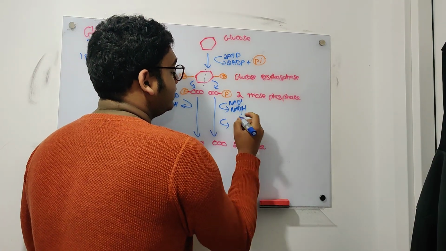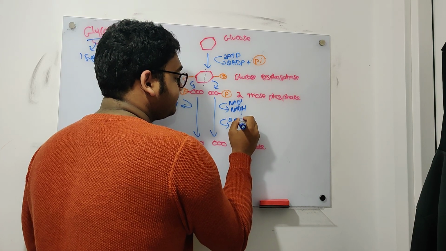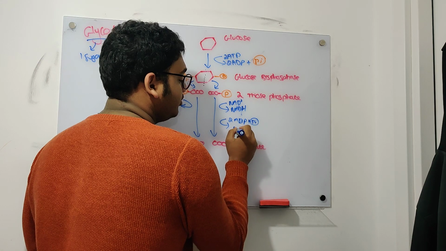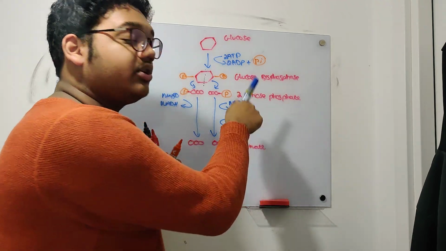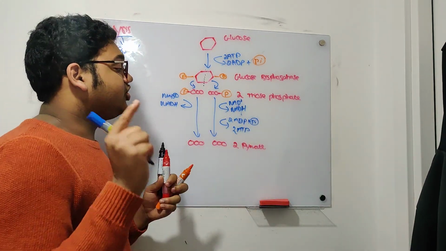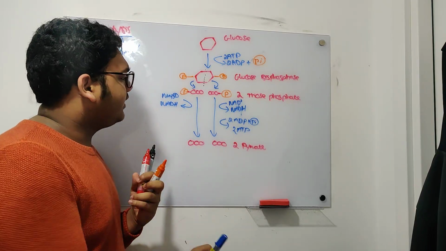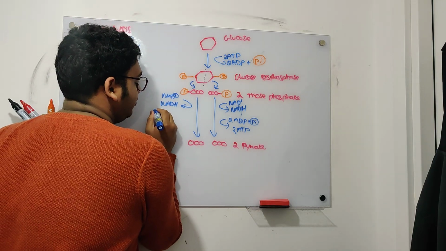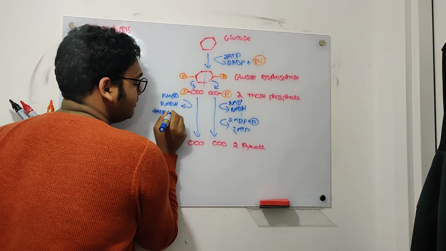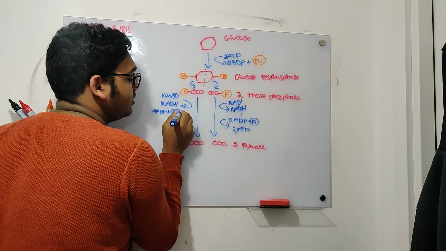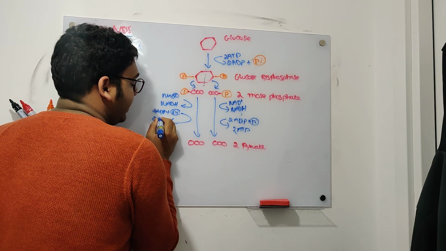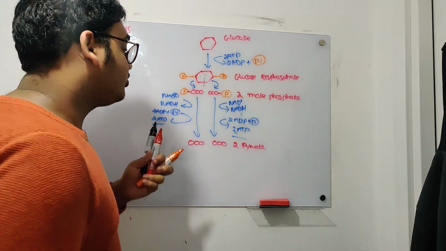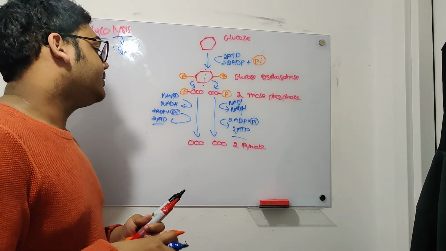So 2 ADP plus inorganic phosphate will go to 2 ATP. And that's for one triose phosphate. We're forming 2 ATPs for each triose phosphate, so you have to do the same on the other side as well. So 2 ADP plus inorganic phosphate will go to 2 ATP. And then we finally end up with our 2 molecules of pyruvate.